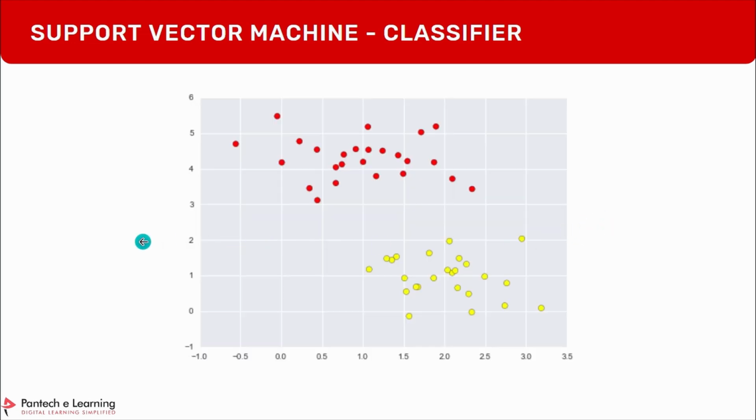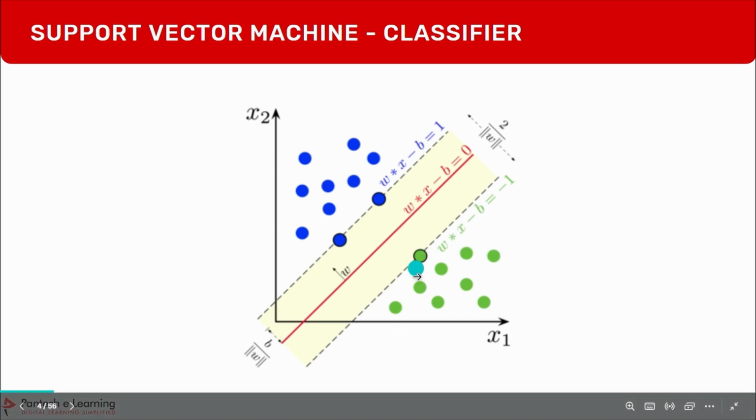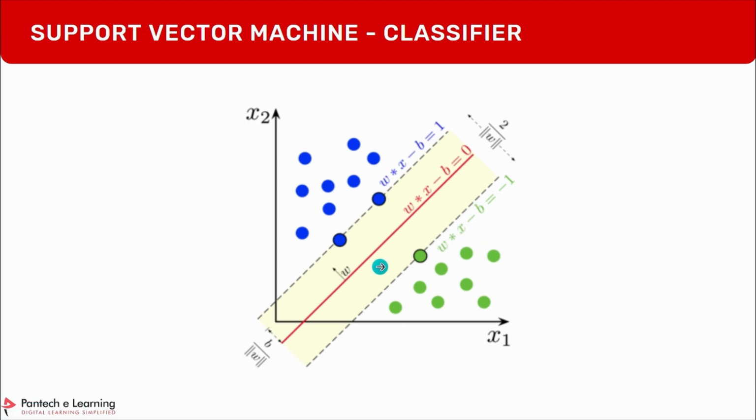If you closely watch this, you can find, see here, the hyperplane for this blue color class passes through the closest point, which is the nearest point to the hyperplane which best separates that, right? On the green side, it is not passing through just any points. It is passing through the point which is very close to your hyperplane.